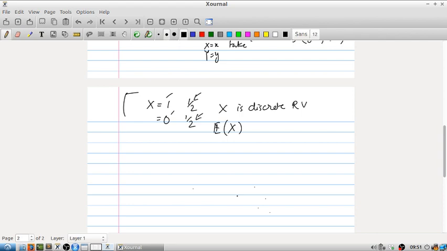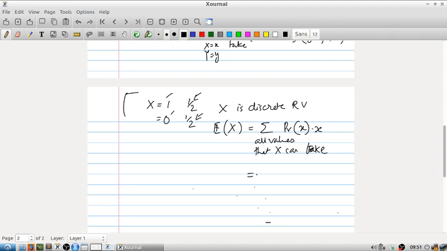So expectation of x is nothing but the sum over all values that x can take, the probability of that value that it takes, let's say some little x, times x, the value itself.